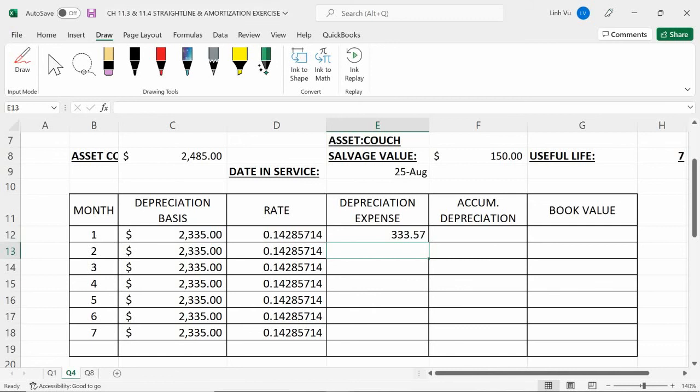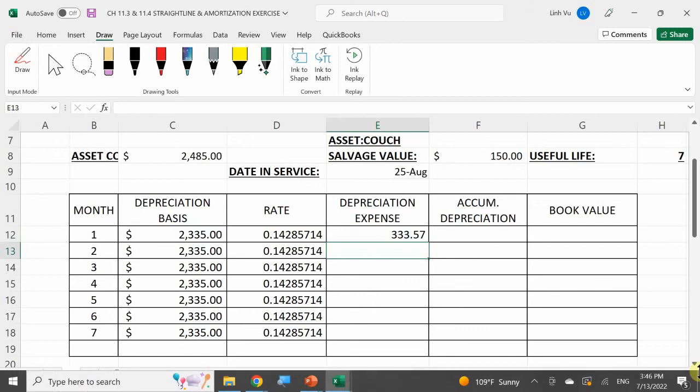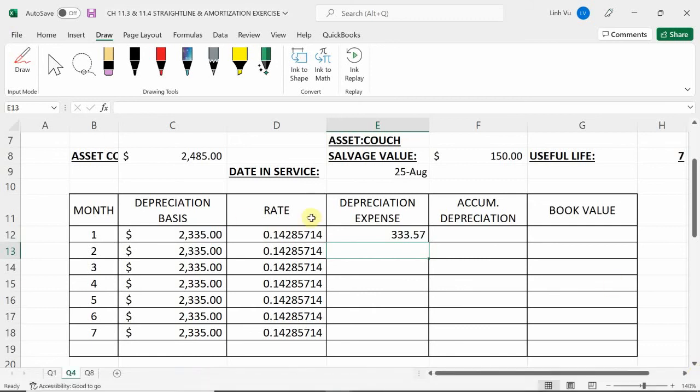I got 334. You might have rounded the number too. If you only put 0.14, then it's going to round your numbers. You can do equal round, but your formula here needs to be 1/7.